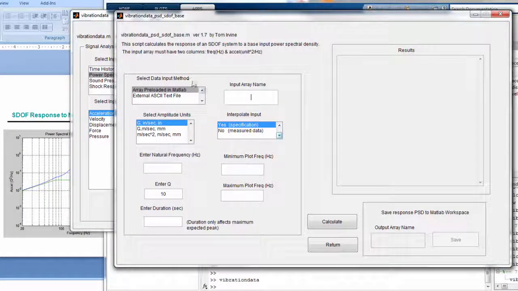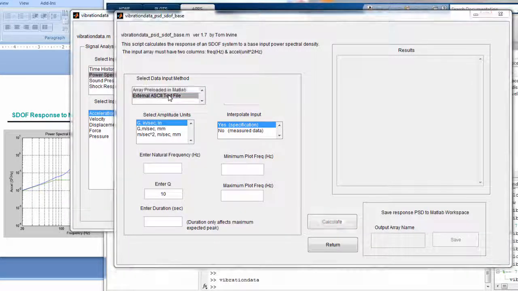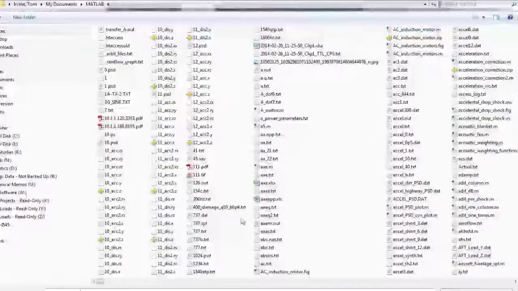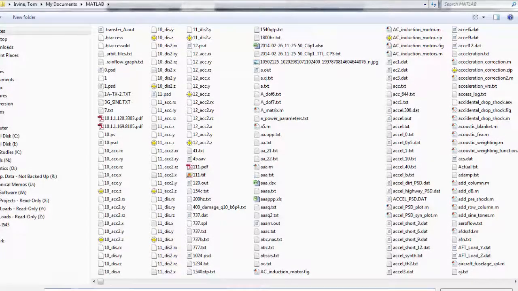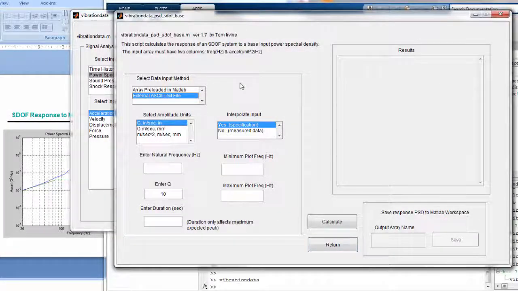Just as a review, this script calculates the response of a single degree of freedom system to a base input power spectral density. The input array must have 2 columns, frequency in Hertz and acceleration in units squared per Hertz. Let's input our NavMat file, which we'll pick up from the external ASCII file.